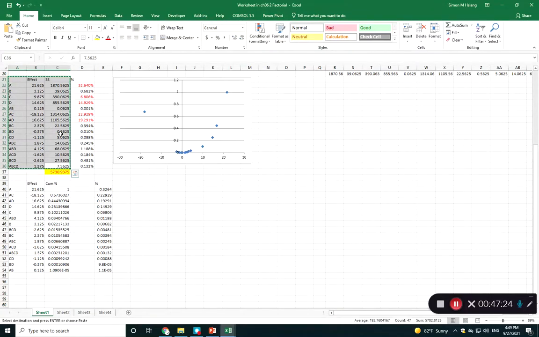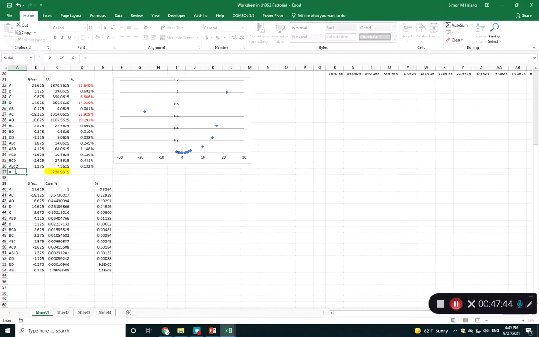First of all, 16 observations. Every observation has a meaning, right? Look here: I have A main effect, B main effect, A, B, C interactions, every term. If you count, how many terms do I have for my sum of squares?